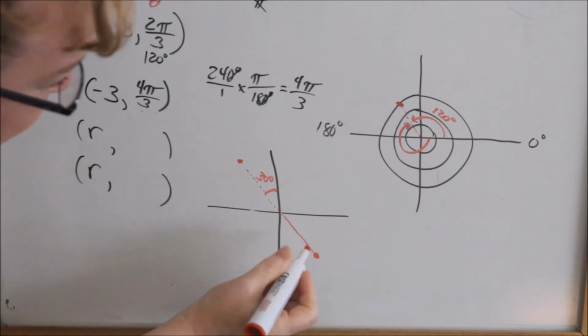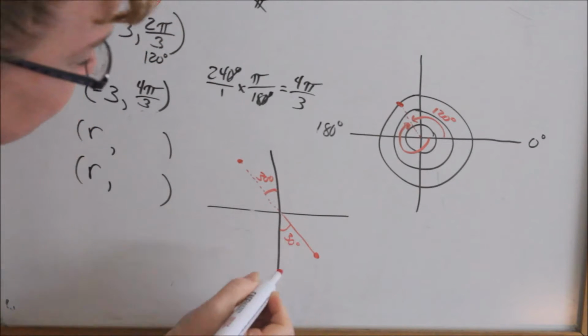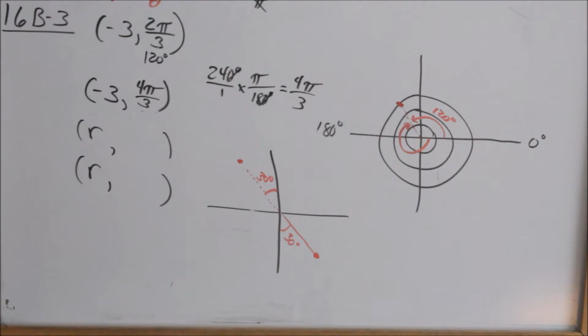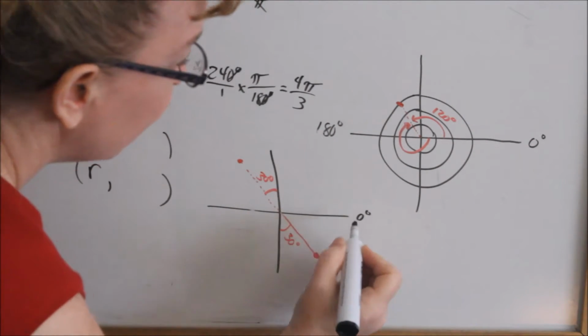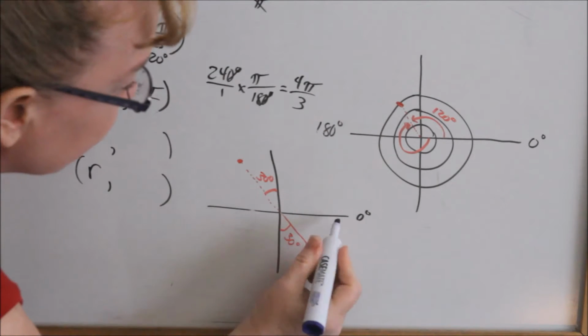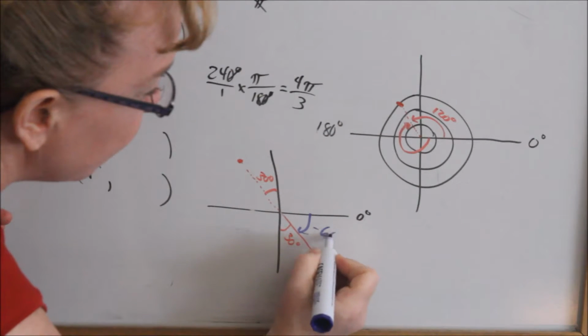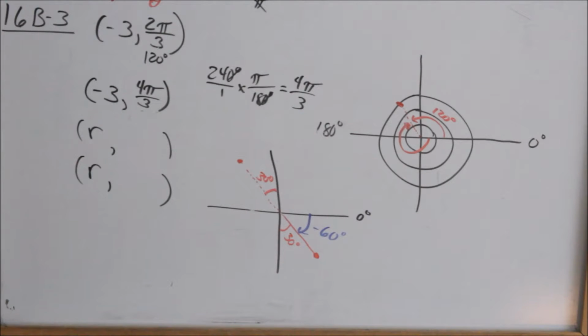So that means that this right here, make sure you mark your vertical angles correctly, is 30 degrees, but we always want to go from 0. So we really want that angle right there, starting at 0, going that direction. That would be our clockwise direction, so that angle would be negative 60 degrees. So that is one of my answers.